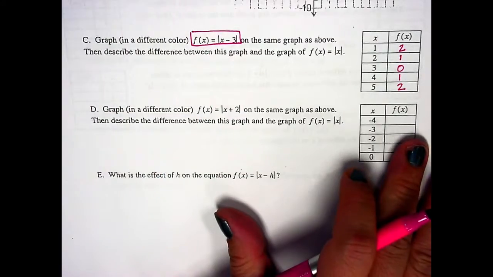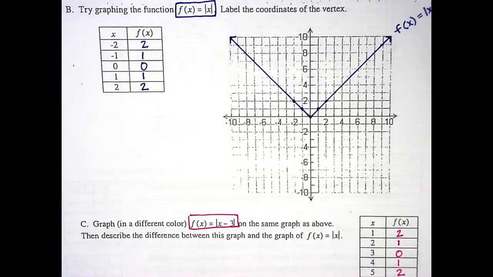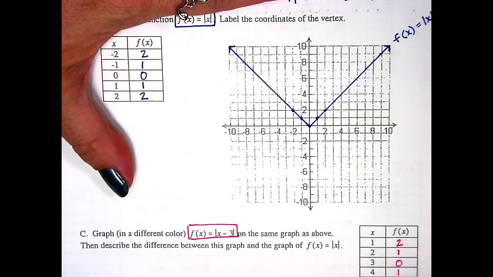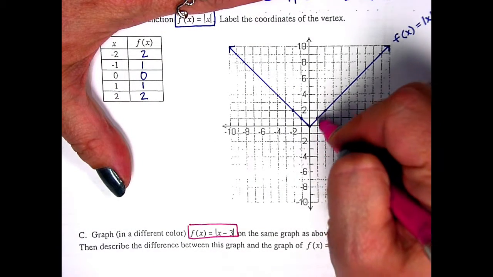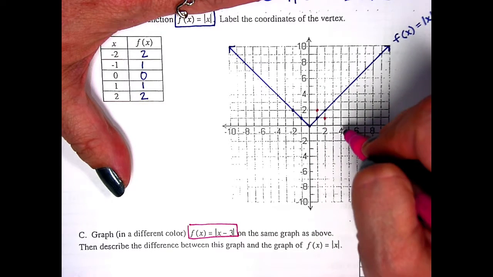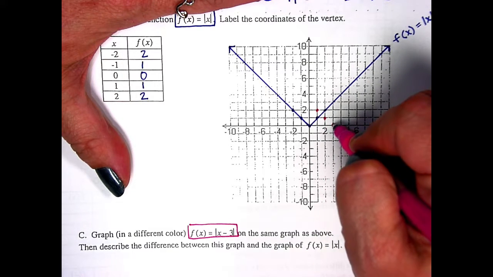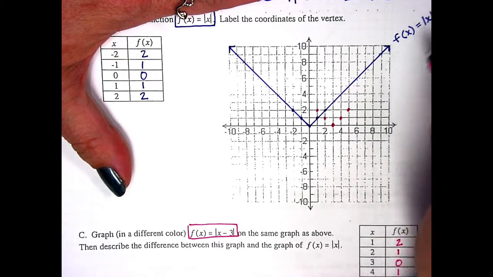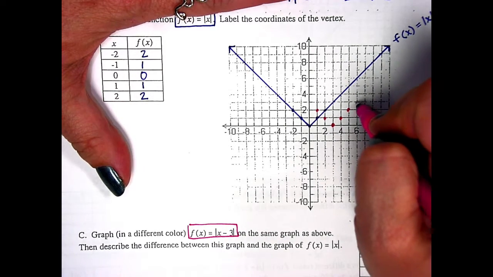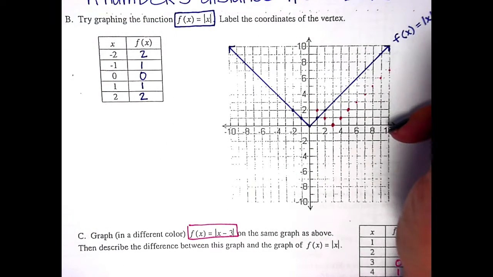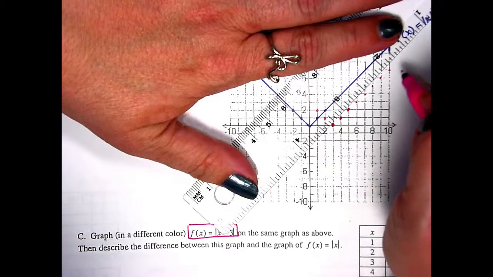Okay, so I'm going to go back to my coordinate plane, and I'm going to graph those 5 coordinates. So it was 1, 2, 2, 1, 3, 0, excuse me, 4, 1, and 5, 2. The slope is 1, so I'm going to go ahead and put some extra little guiding points on there.